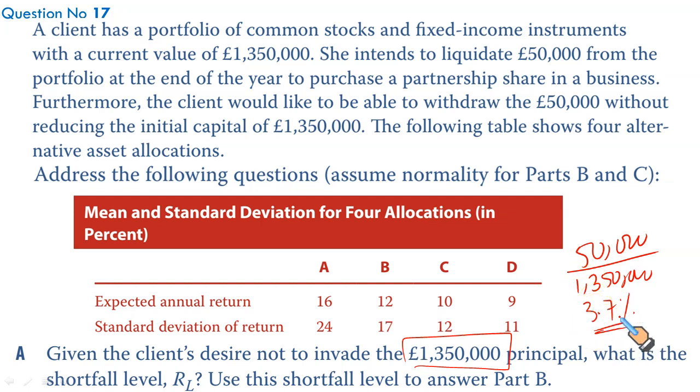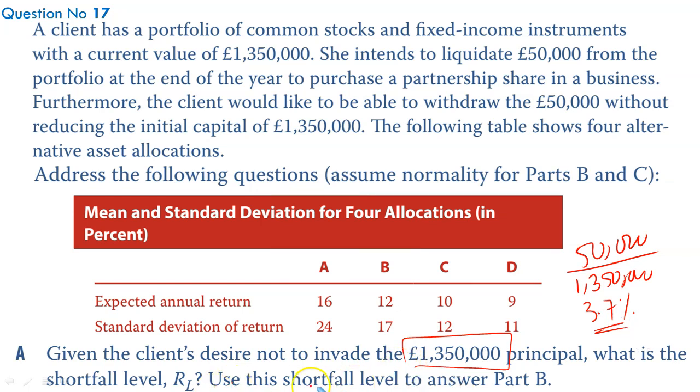Otherwise, she will have to attack her principal. So 3.7% is what she will need to earn to not invade her capital. This is the minimum return, and I think that's what we need here.